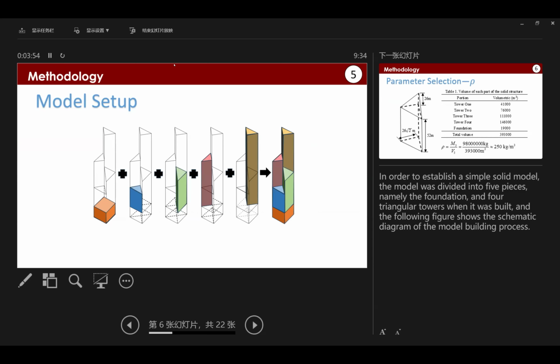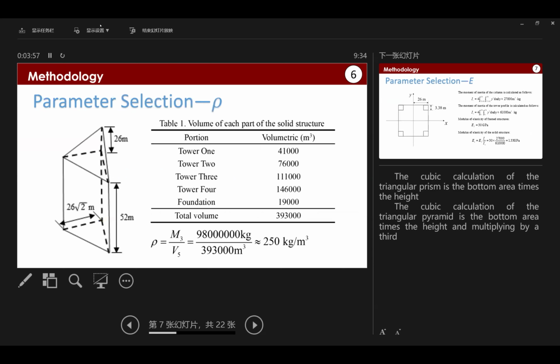For the model analysis, we need to get the material parameters here. The left figure shows the volume and dimensional data of tower 1, which can be divided into 2 parts. The first one is the triangular prism, and the second part is the triangular pyramid.